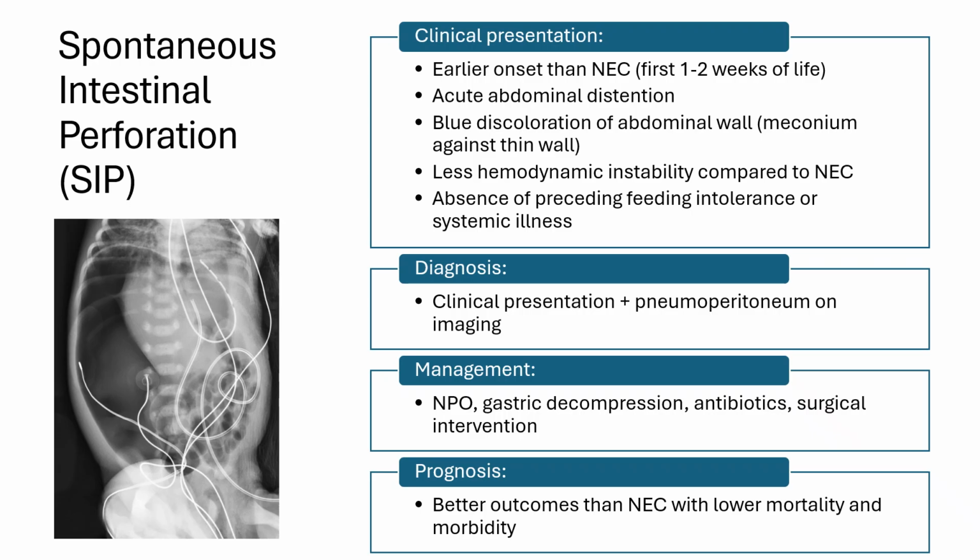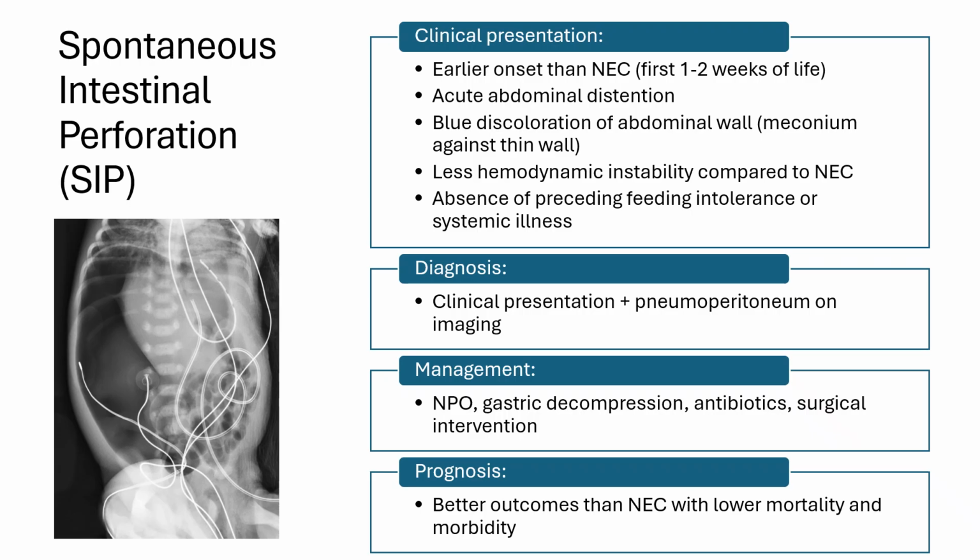Management follows similar principles to perforated NEC, with immediate bowel rest, gastric decompression, broad-spectrum antibiotics, and surgical intervention. However, the surgical approach may differ, as SIP often involves a single focal perforation that can be repaired primarily, while NEC typically requires more extensive bowel resection.